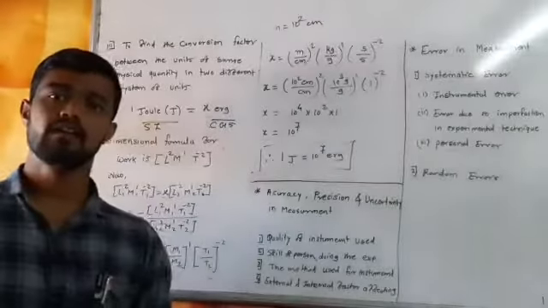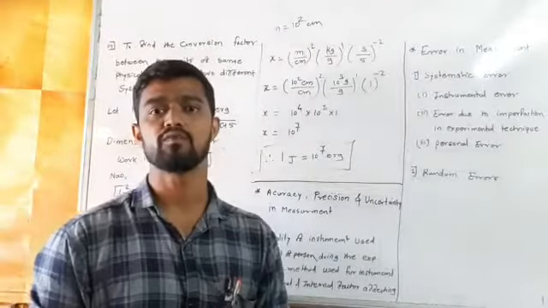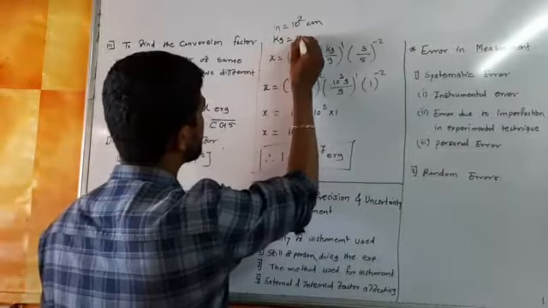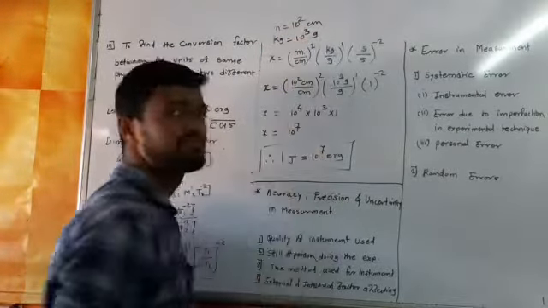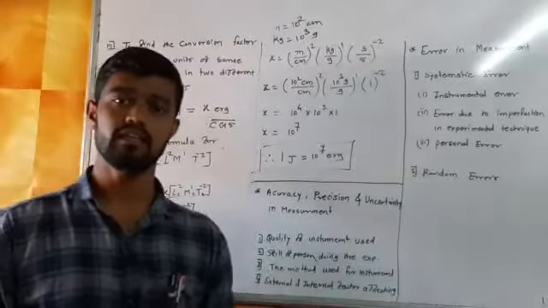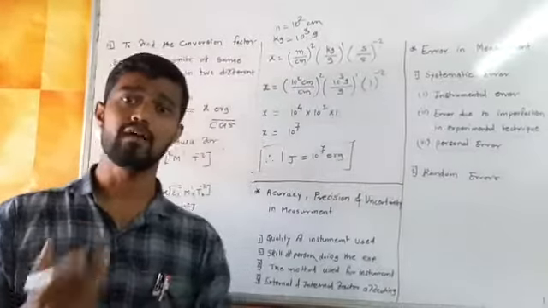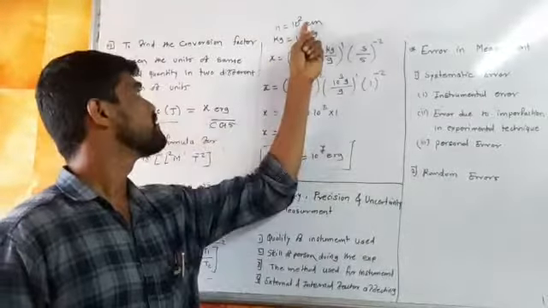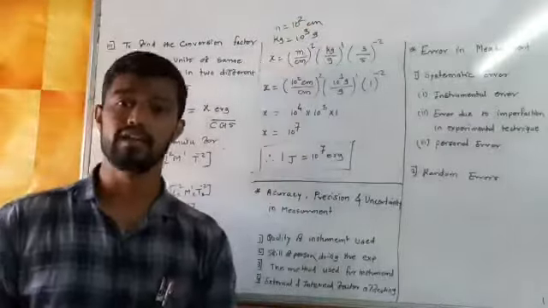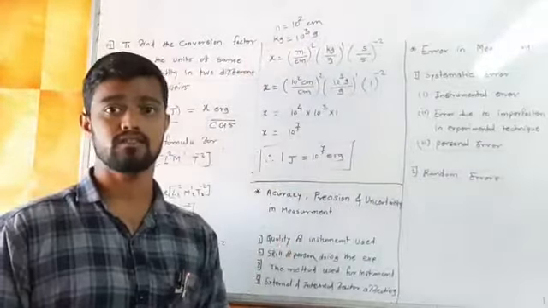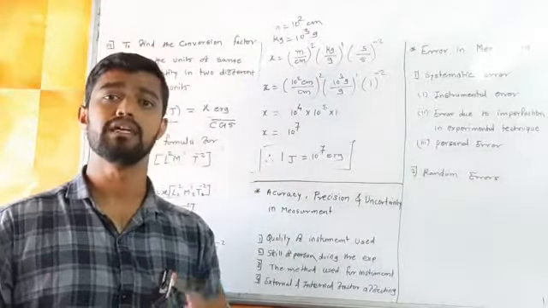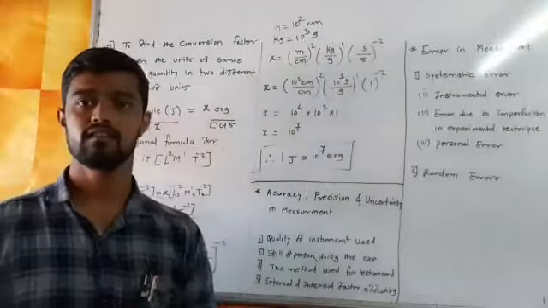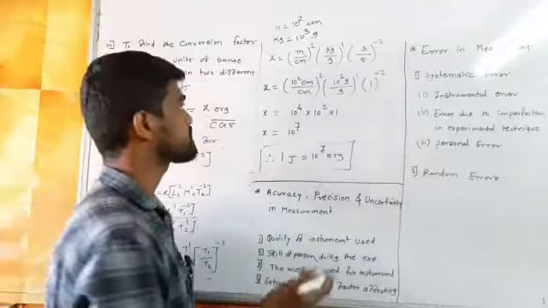Next, kg is equal to 10 raised to 3 gram. When I convert gram to kilogram, I get 10 raised to minus 3, and centimeter to meter gives 10 raised to minus 2. When you convert meter to centimeter, the power is plus.